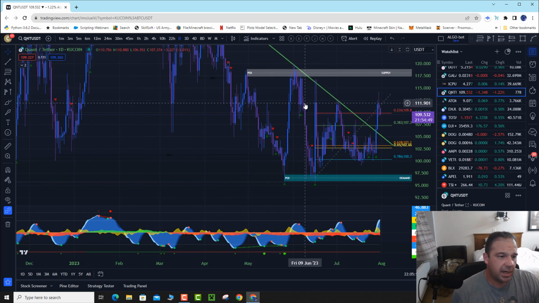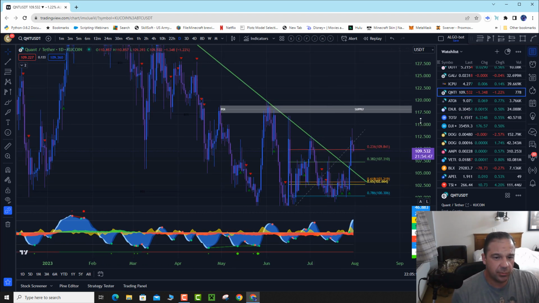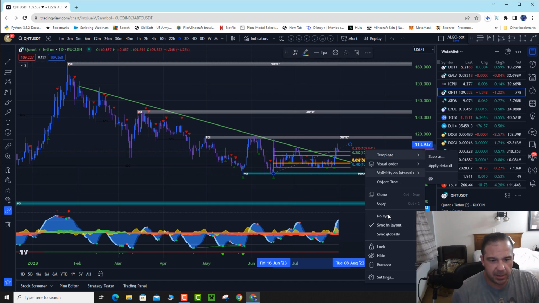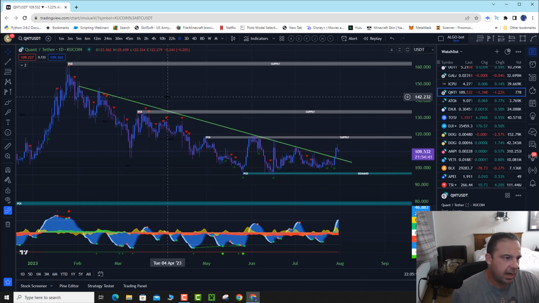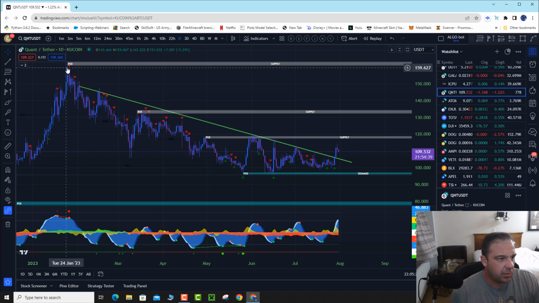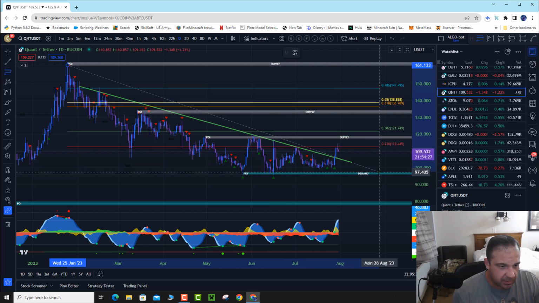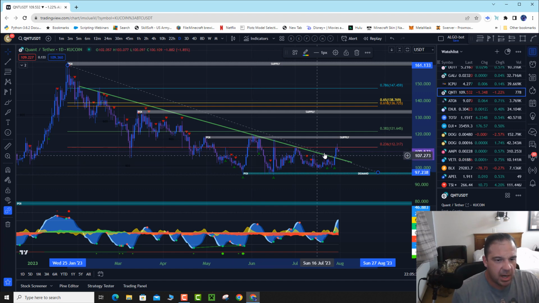And we had some more interesting, if we really want to zoom out on Quant here, and we go, hey, we went down to here, right? So let's see what happens, right? When we pull a fib and we come from the top and we go down to where we bottomed out, and that would be right here the first time we bottomed out.